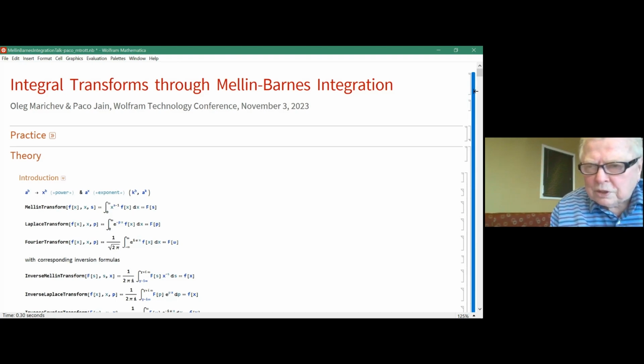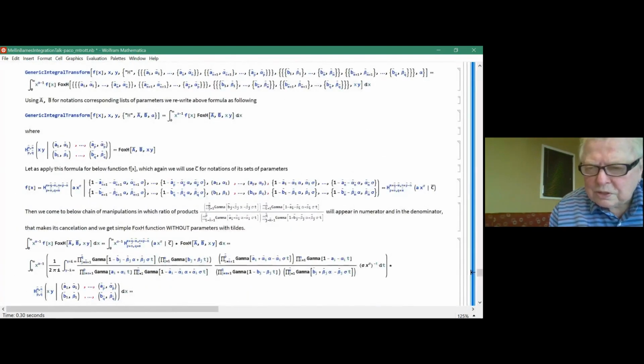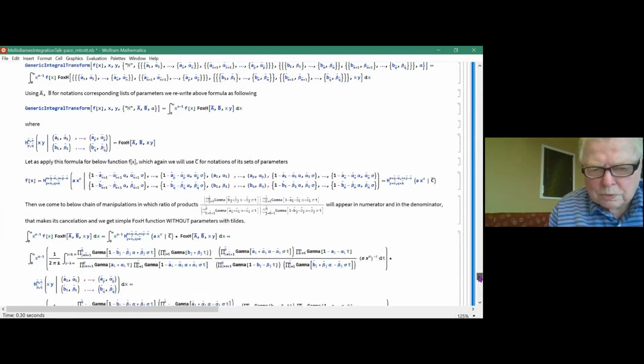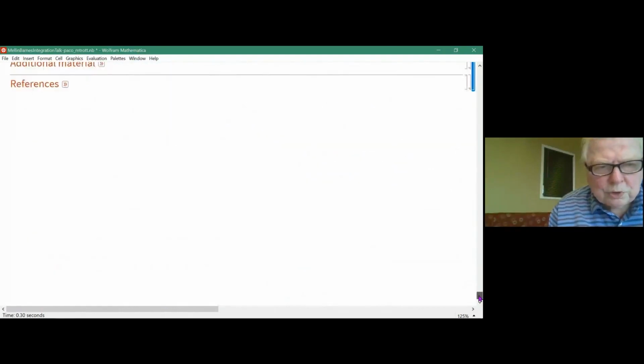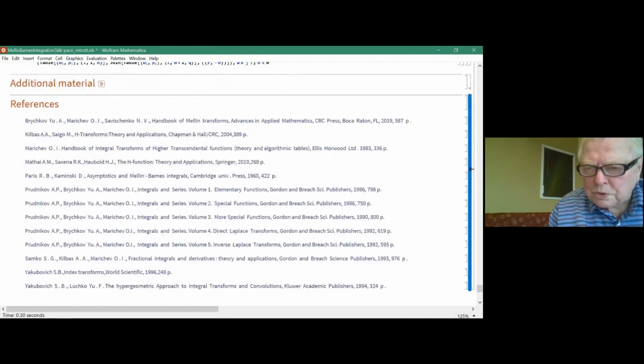They published corresponding books in this area and gave conditions for existence of such transforms. Yakubovich published also a book, Index Transforms. You can find these books here. You see hypergeometric approach to integral transforms and Yakubovich index transform.